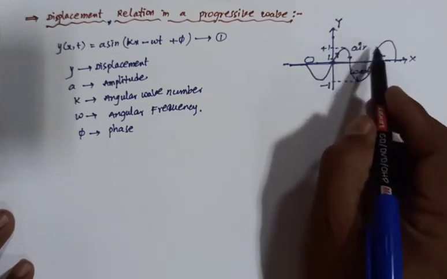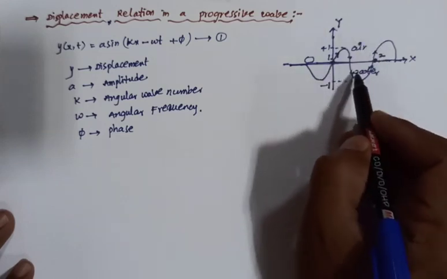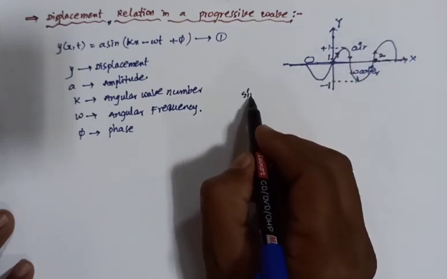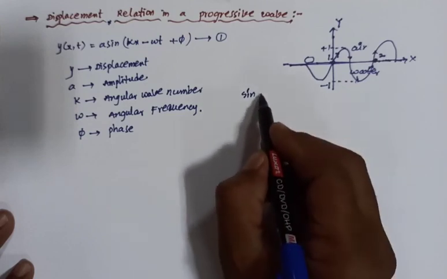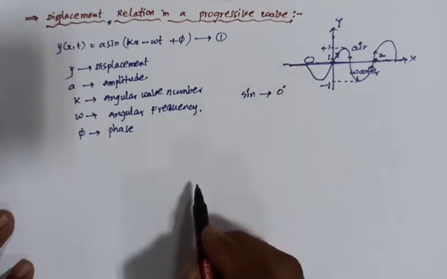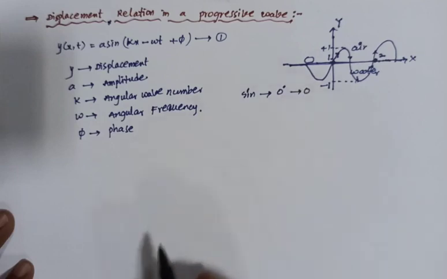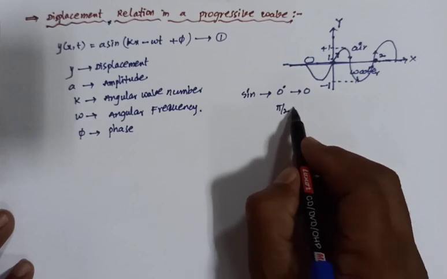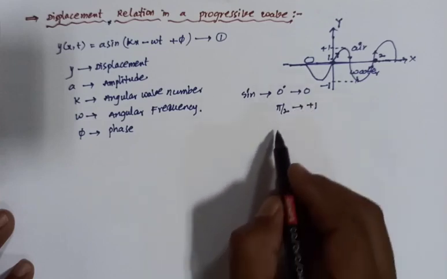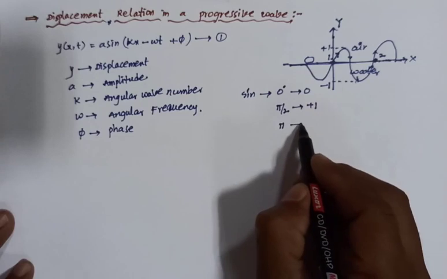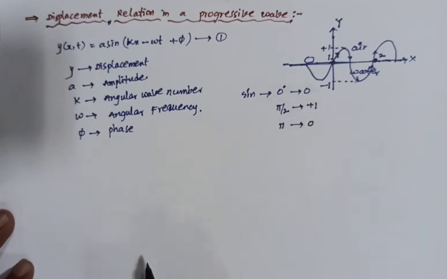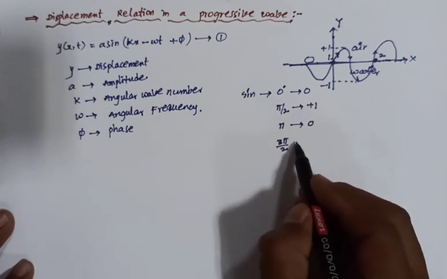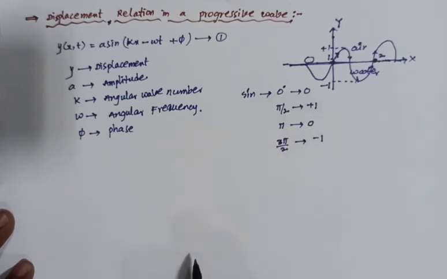In this sine function, for example, we take the sine of an angle. Sine 0 degrees equals 0, and sine π/2 is plus 1. Sine π, that is 180 degrees, is again 0. Sine 3π/2, 270 degrees, is minus 1.